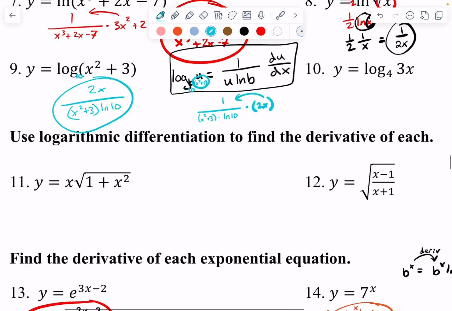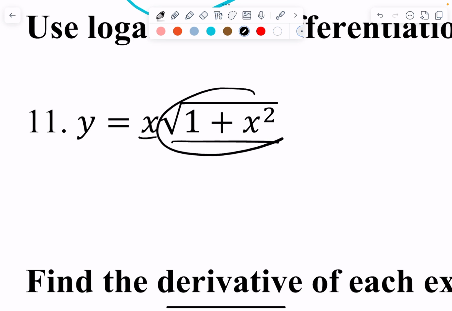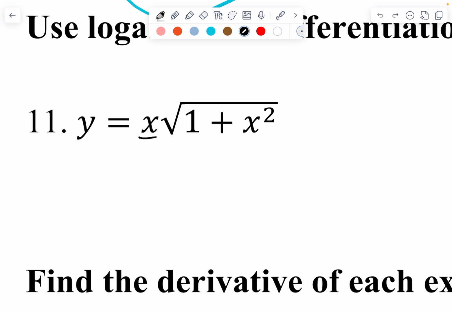Okay, all right, last two. Use log differentiation to find the derivative of each. If I didn't use logs, I would have to resort to using the product rule, but then within the product rule, this would be a chain. So it's like a chain inside of a product, and that would be lots more unpleasant. So what I'm going to do is ln both sides. And when I ln both sides, I can tear this apart.